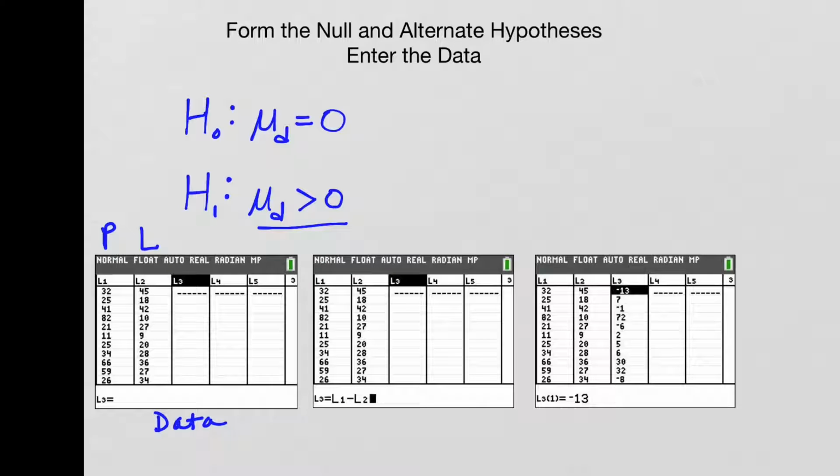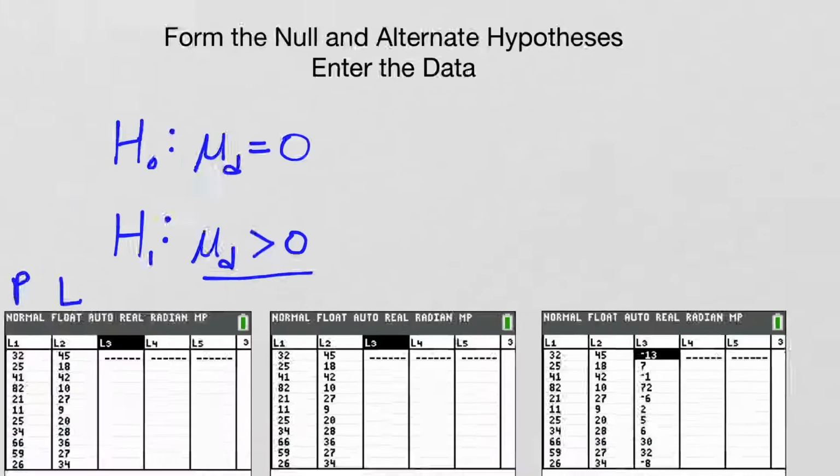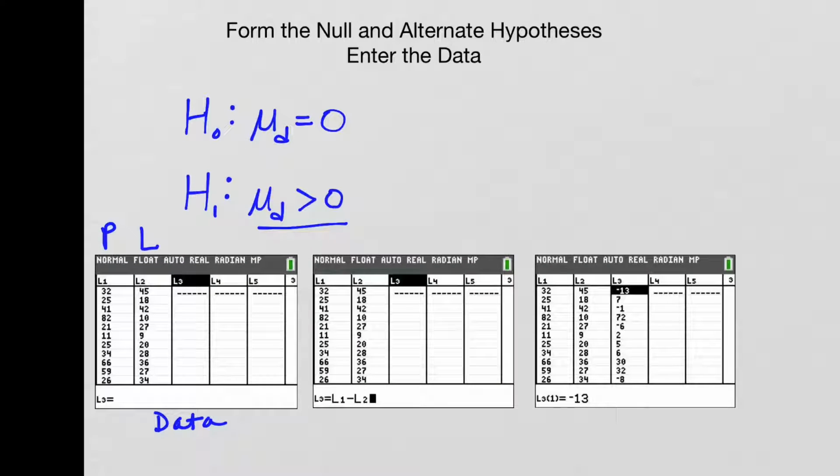I have to decide, is list 3 going to equal L1 minus L2, or should it equal L2 minus L1? So how do I decide?